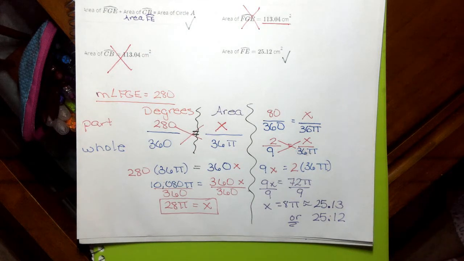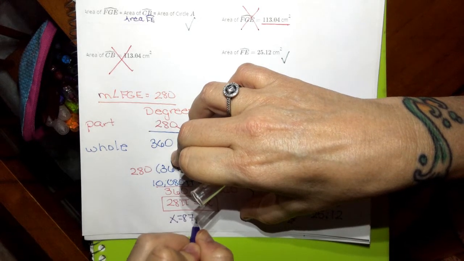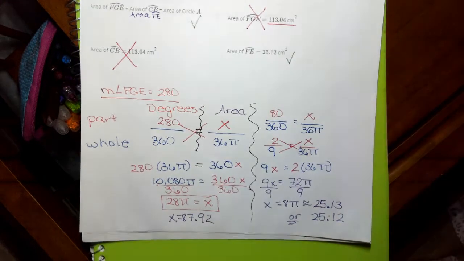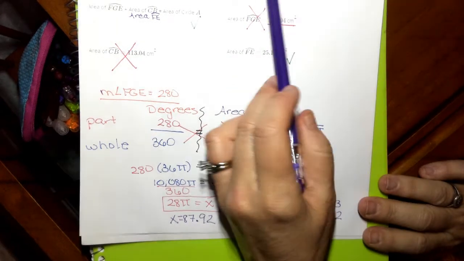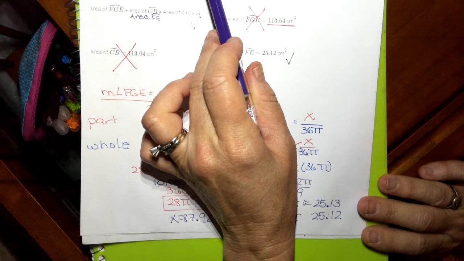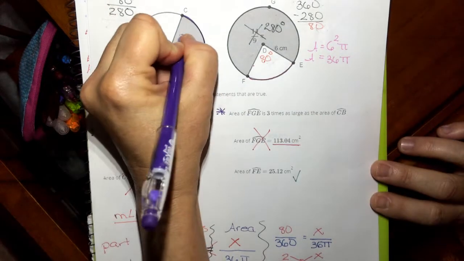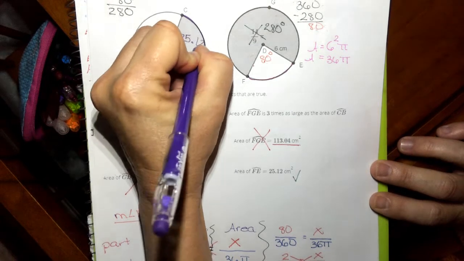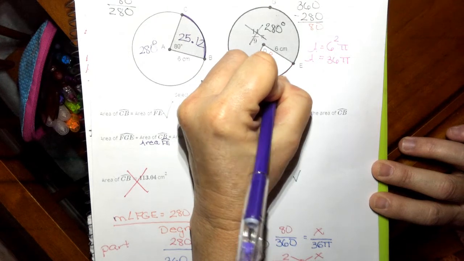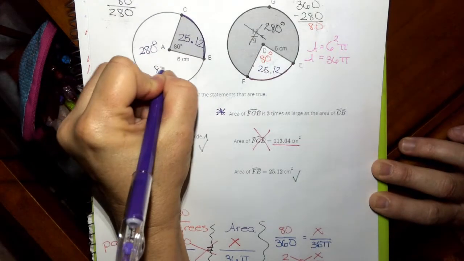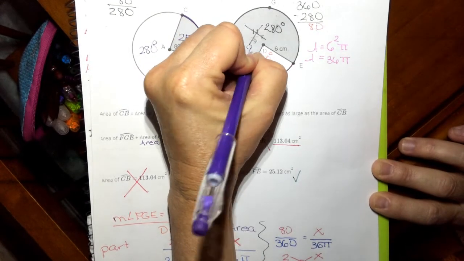Okay. Back here, now we're going to come back up to this purple asterisk. When we did the math over here, we came out with x equals 87.92. They're telling me that 3 times this area, which we know to be 25.12, and we know this is 25.12, this is 87.92, and 87.92.